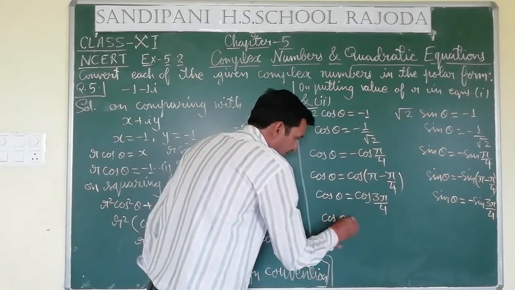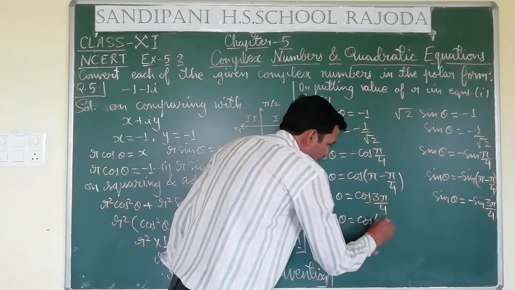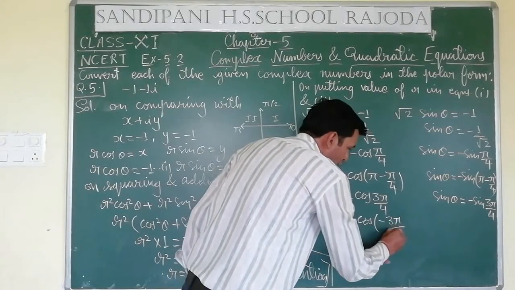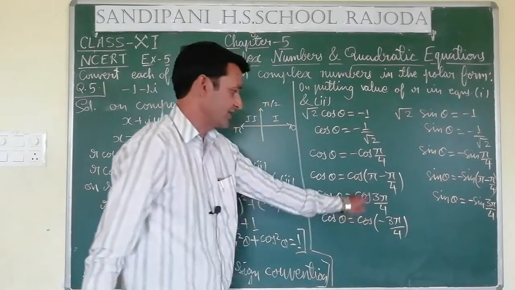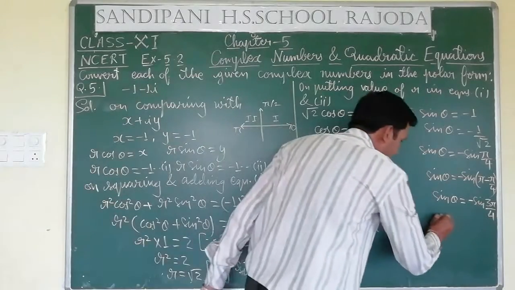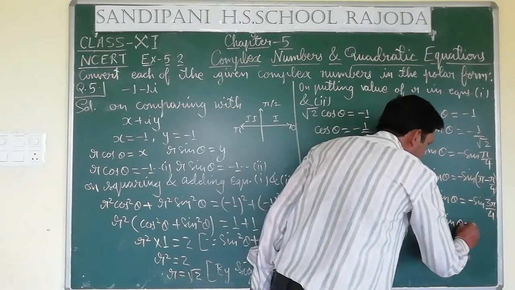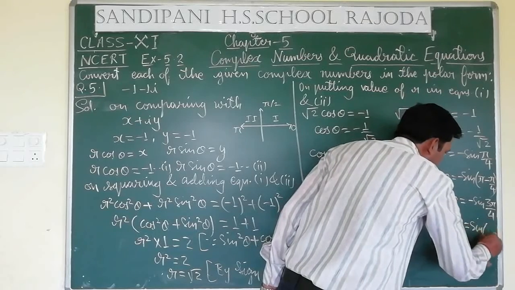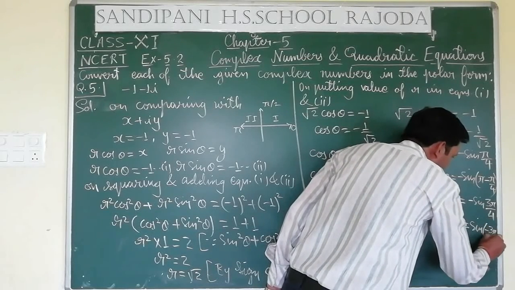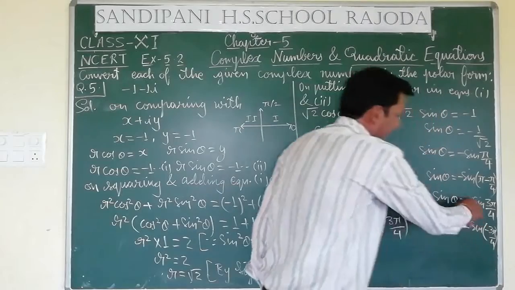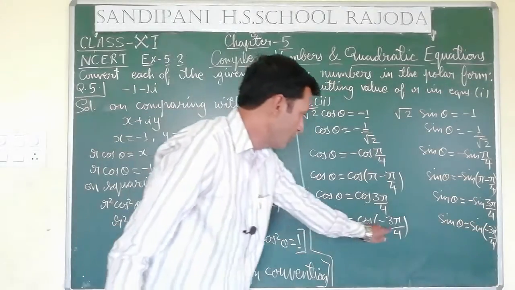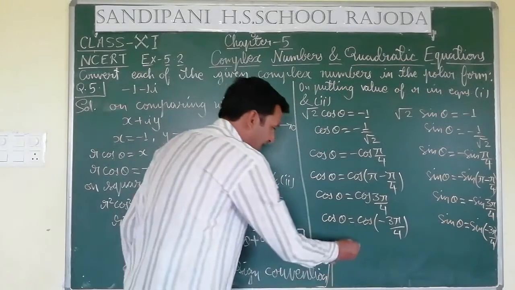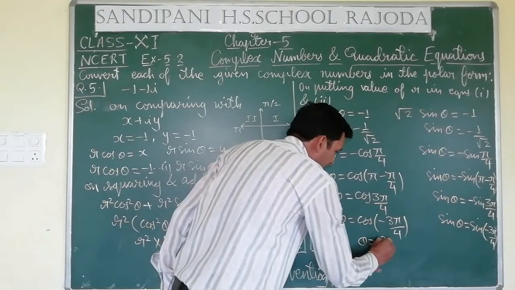Cos theta is equal to cos minus 3 pi by 4. So cos minus theta is cos theta only, so it is correct. And sin theta is equal to sin minus 3 pi by 4. This is also correct now, because sin minus theta is minus sin theta. So now we can consider theta is equal to minus 3 pi by 4.